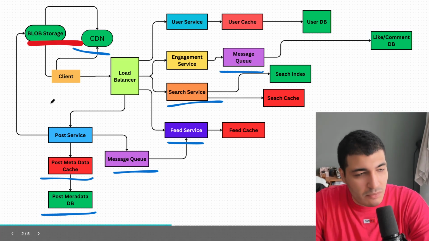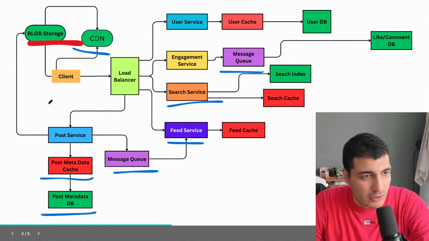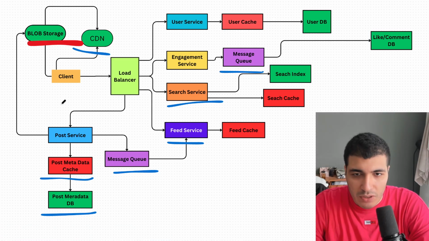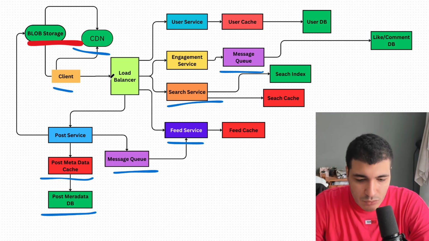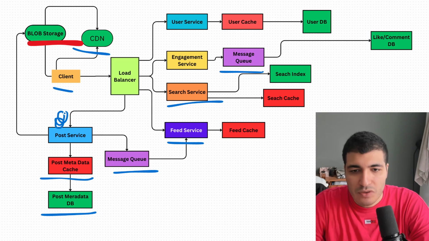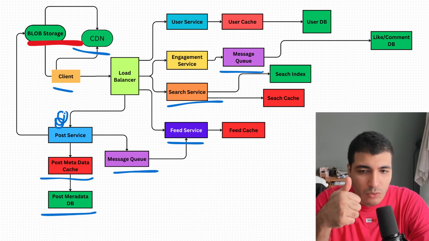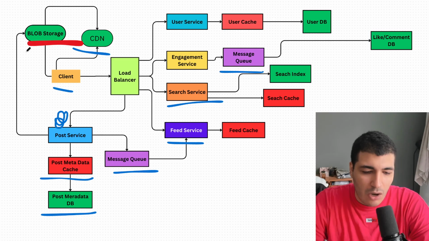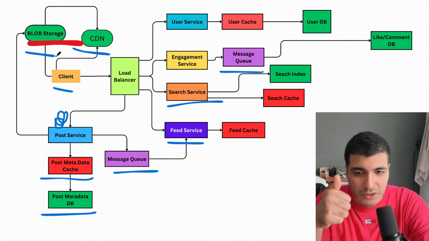We can walk through some examples so we can understand how this will work. So let's talk about creating a post. The client will upload an image and write a caption. The client will send this to the load balancer, and the load balancer will direct it to the post service. The post service will, number 1, upload the media to the object storage.